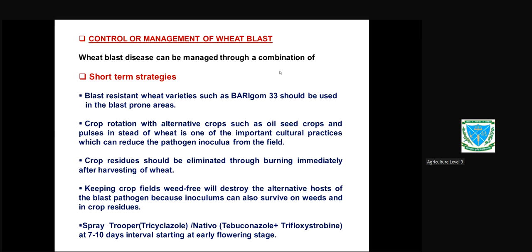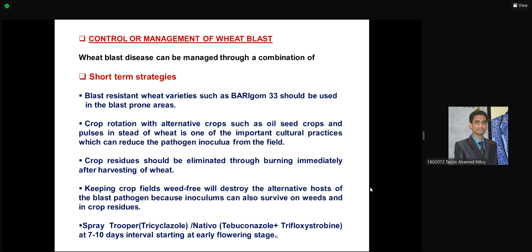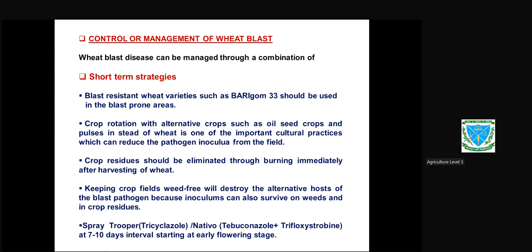And most important thing is for wheat blast, you can suggest the farmer before flowering or at the time of flowering, they need to spray two important chemical fungicides. One is Trooper, tricyclazole, and another is Nativo, containing tebuconazole plus trifloxystrobin, at 7 to 10 days interval starting at early flowering stage. ফ্লাওয়ার আসছে বা আসতেছে এই সময় থেকে স্প্রে করা শুরু করতে হবে তুমি যদি অ্যাভয়েড করতে চাও হুইট ব্লাস্ট ইনফেকশন। কি ধরনের ফাঞ্জিসাইড? দুইটা ফাঞ্জিসাইড। কি কি? ট্রুপার আর নেটিভো। ট্রুপার এর generic name হচ্ছে tricyclazole, and Nativo এর generic name হচ্ছে tebuconazole, means it contains two active ingredients, tebuconazole and trifloxystrobin.